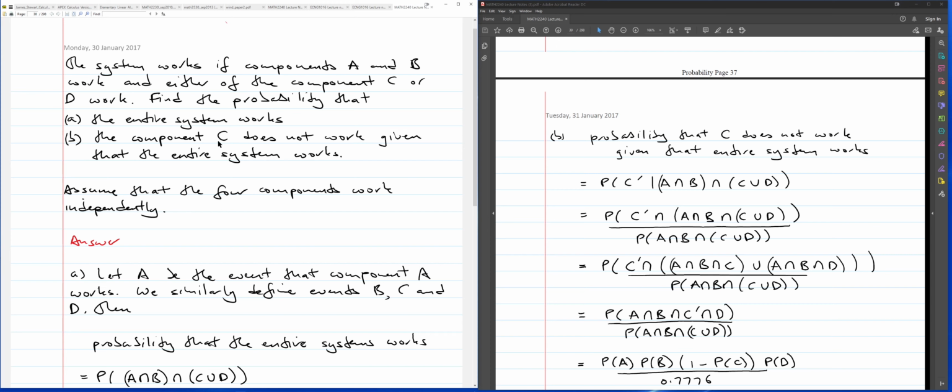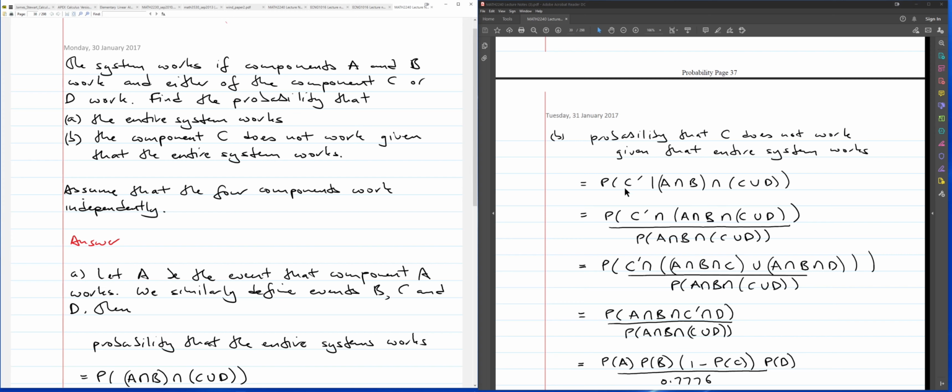If we want to calculate the probability of an event occurring, given that another event has occurred, we need to determine a conditional probability. So the probability that C is not working, given that the entire system works: the event of C not working is C prime, C complement.